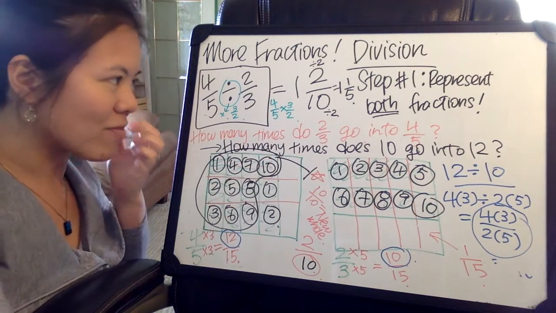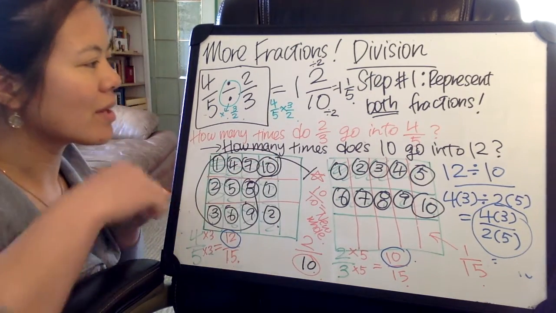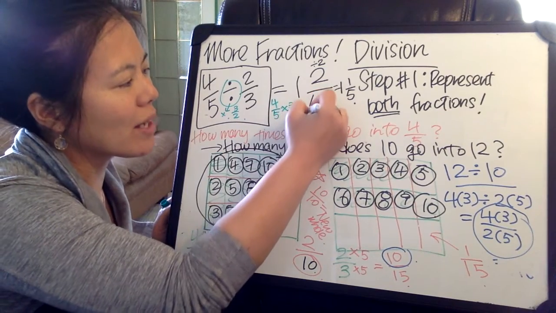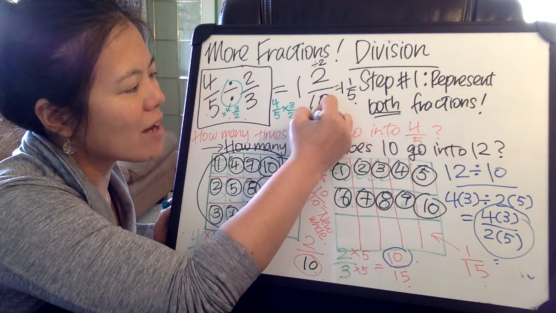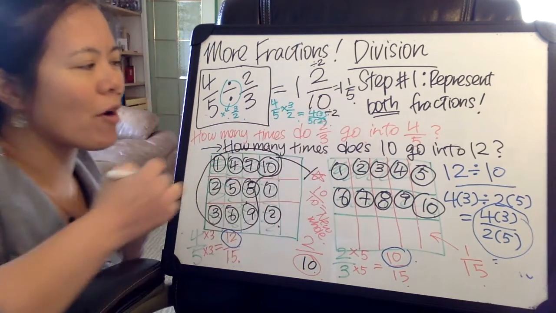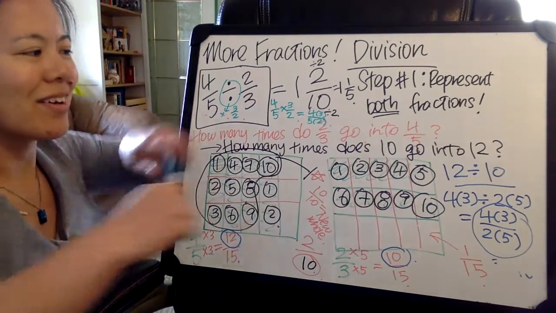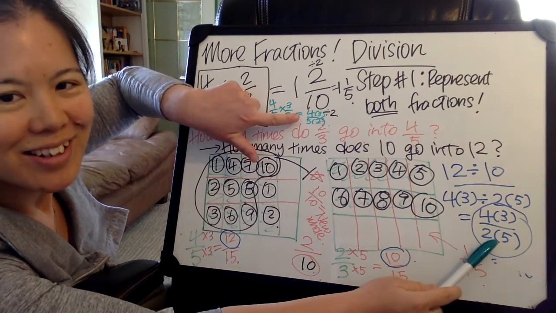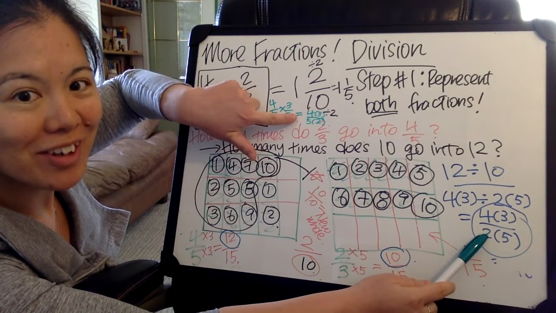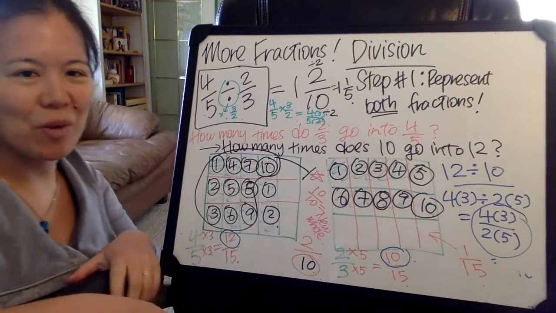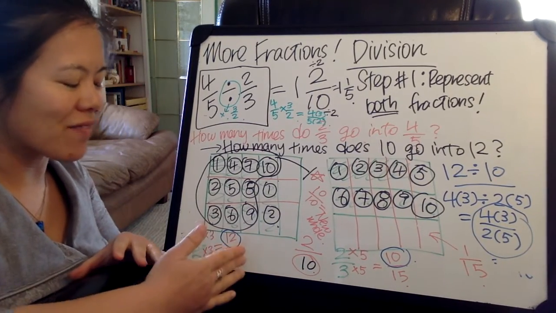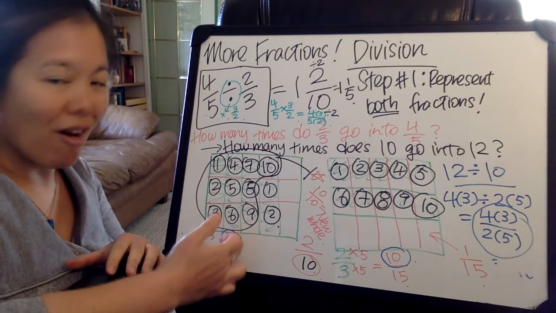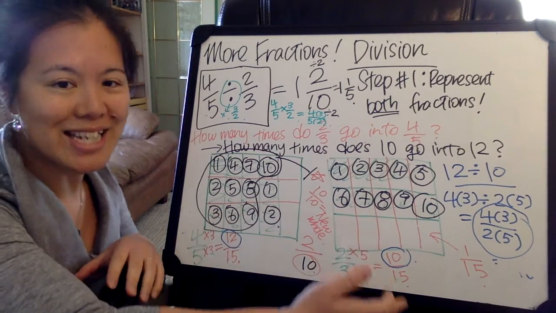If I were to rewrite this as well, it will be 4 multiplied by 3 and 5 over 5 multiplied by 2. Do you see that you're doing the same calculation? That's how it works. But what you are doing is you are dividing 12 by 10.